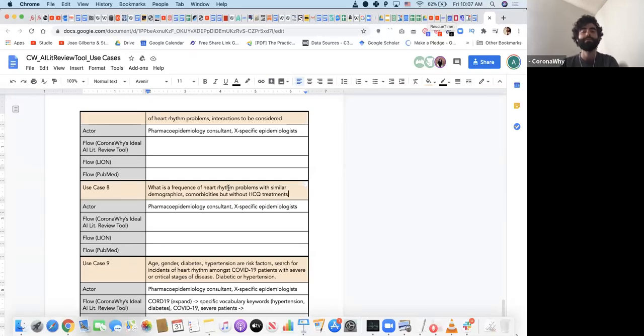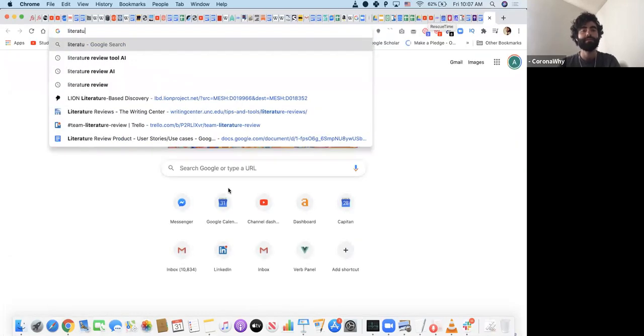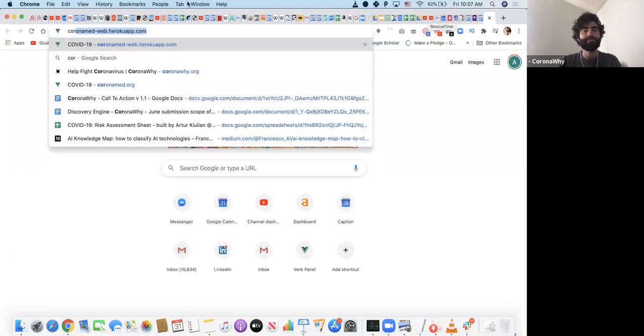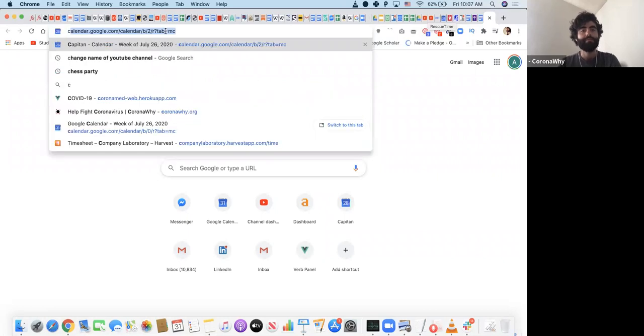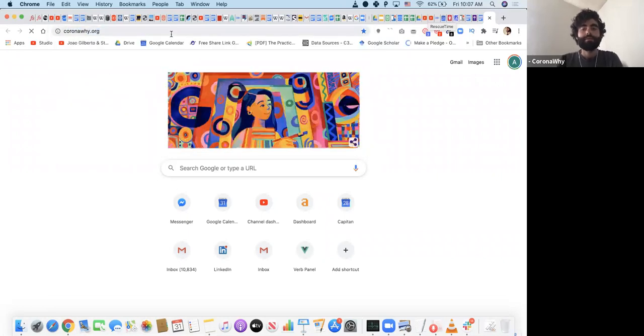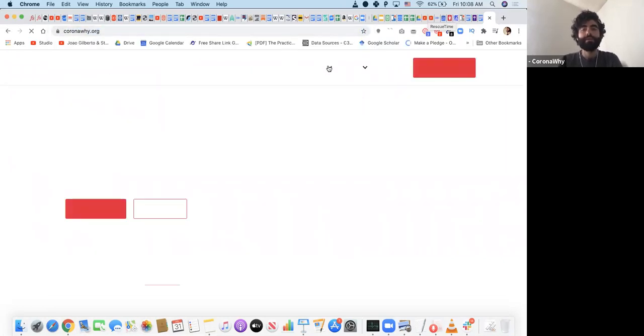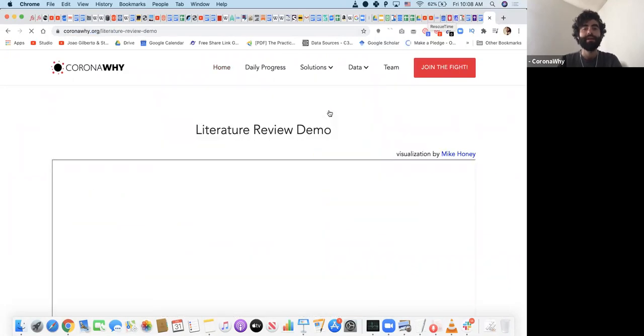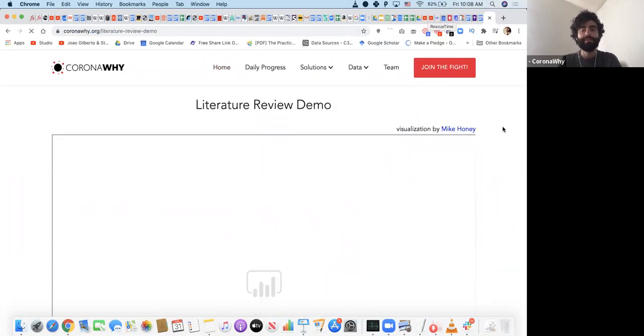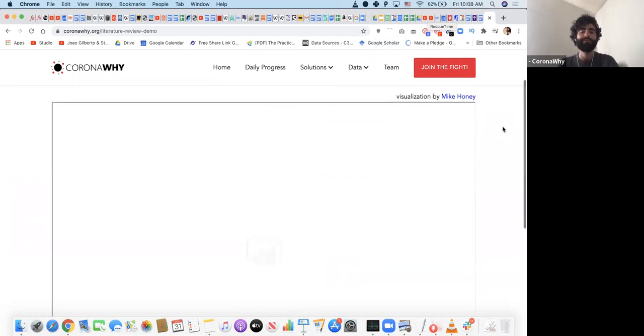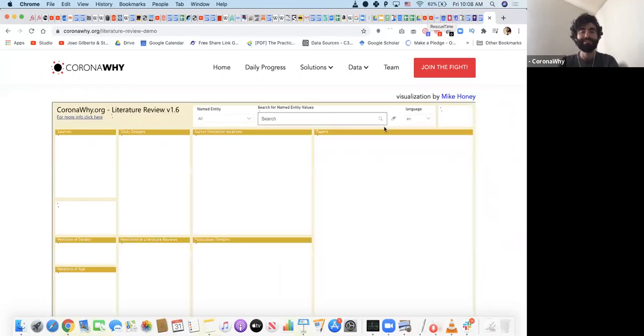When it comes to our current proof of concept, let me open that real quick. We can explore some of these things, but not to the level of specificity that epidemiologists need. The nature of the current proof of concept is just a giant dashboard of different things jammed together.